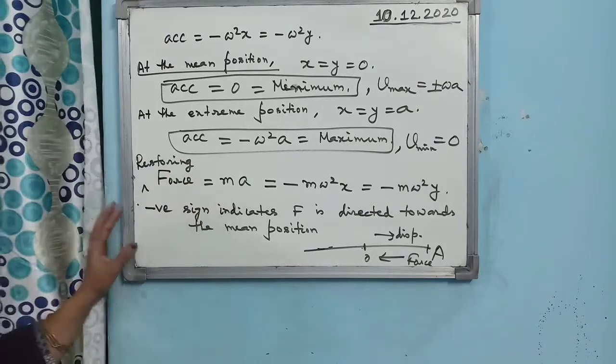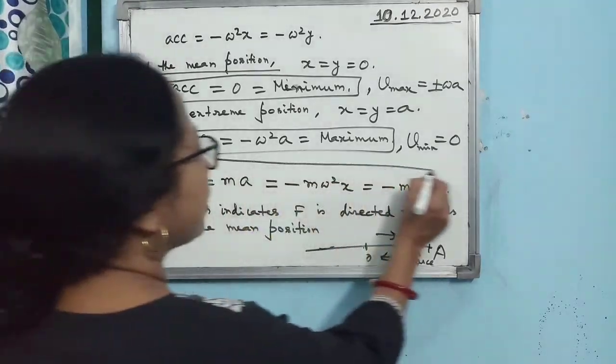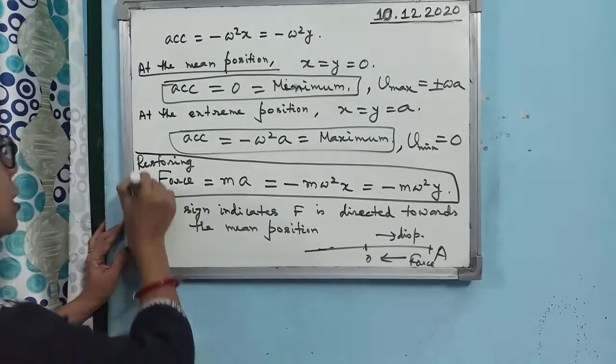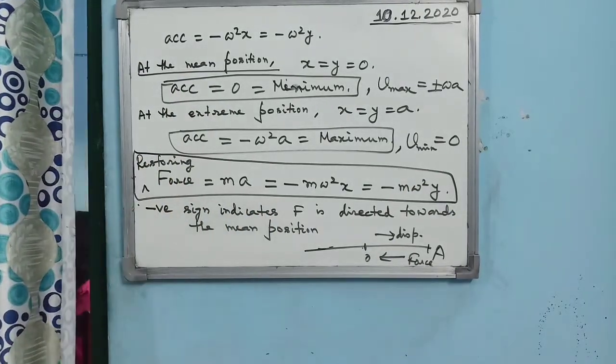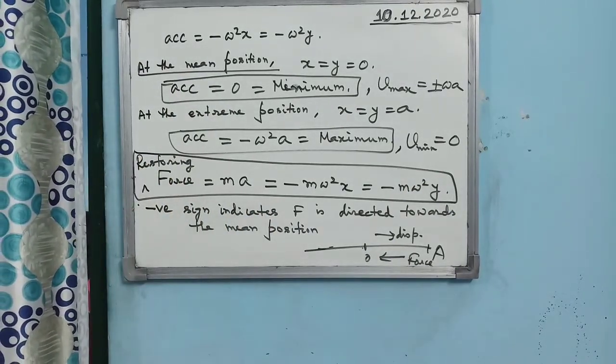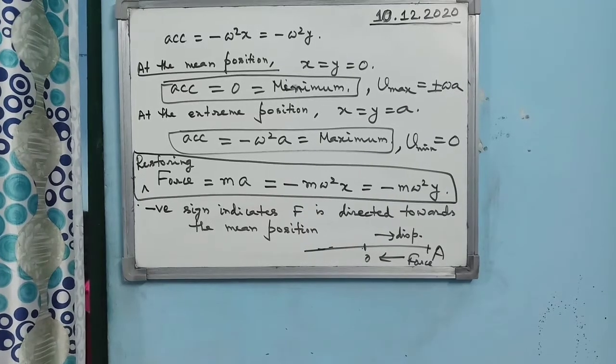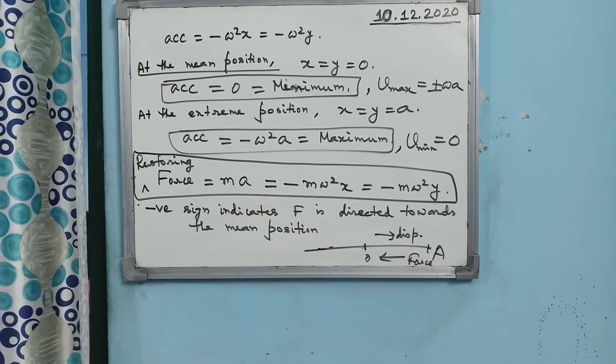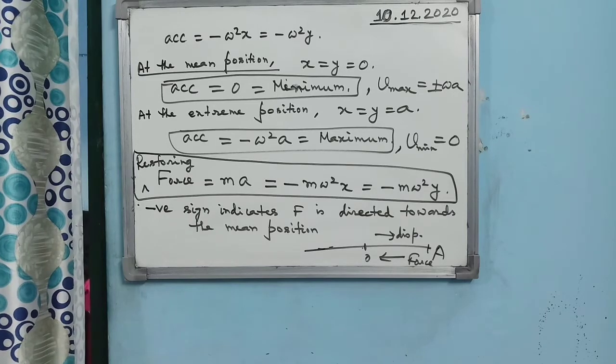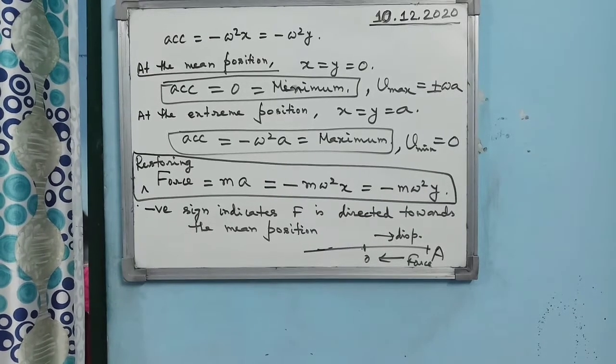And what is the value of the restoring force? Either you can write it as minus m omega square x, or as minus m omega square y. Okay, so these are all concepts regarding the displacement, velocity, acceleration and restoring force acting on a particle executing SHM.